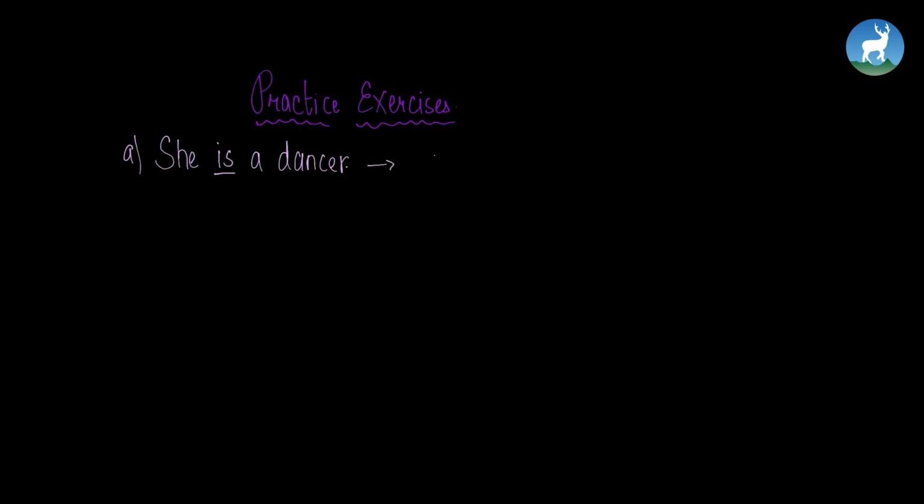Is it negative? Negative sentences always comprise negative words like no, not. And for a negative sentence in the state of being, we always use not after is, am, or are. You remember that, correct? Okay, so does this sentence have the word not? No. Since it does not, it's a positive sentence.